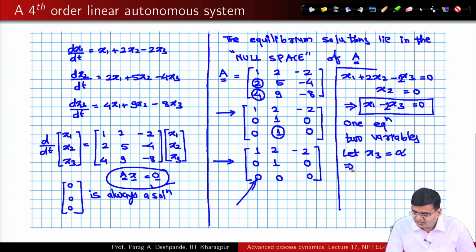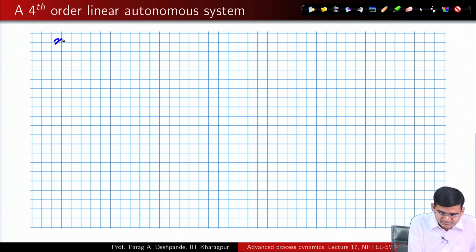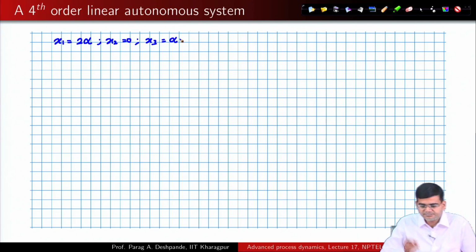So, this will make x1 is equal to 2 alpha, fine. So, when I do this, I have now x1 is equal to 2 alpha, x2 was 0 and x3 was alpha, right.